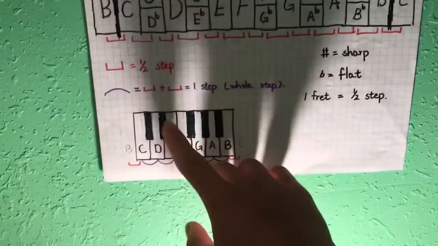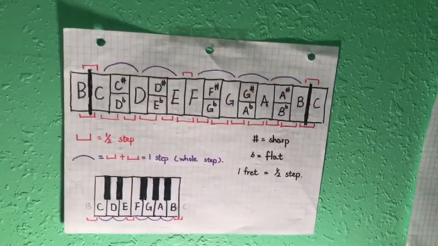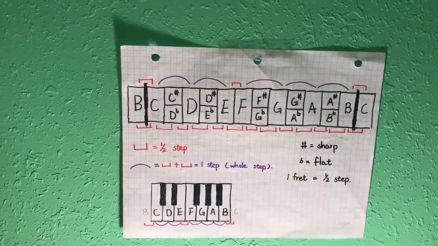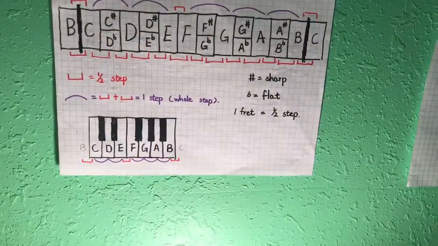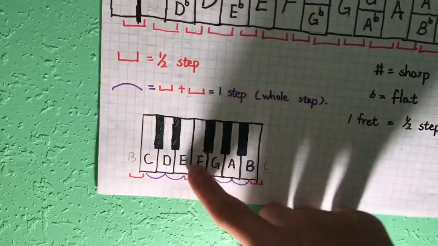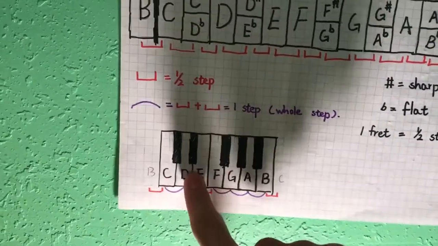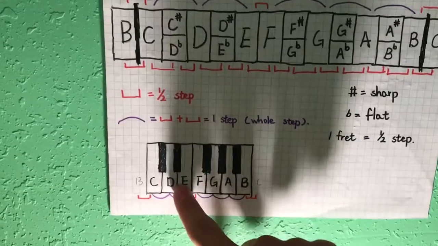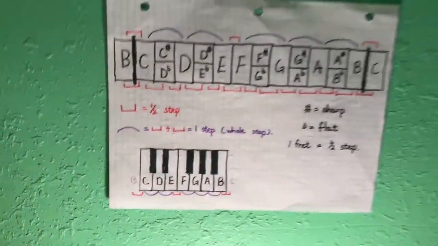It's because between E and F, it's only a half step, and between D and E, there's a whole step. Sorry, my bad. You see, a whole step, and that's why between D and E there's a black key, and between E and F there's no black key.